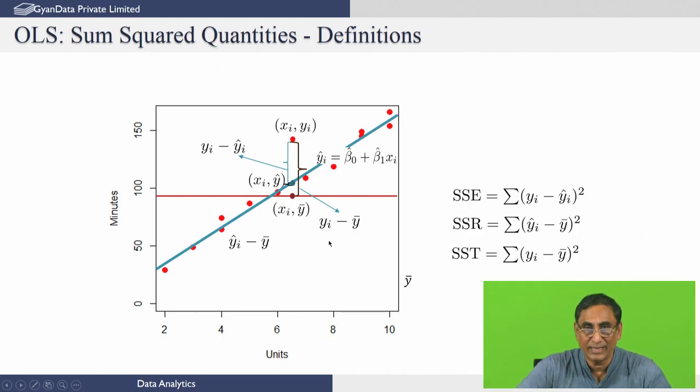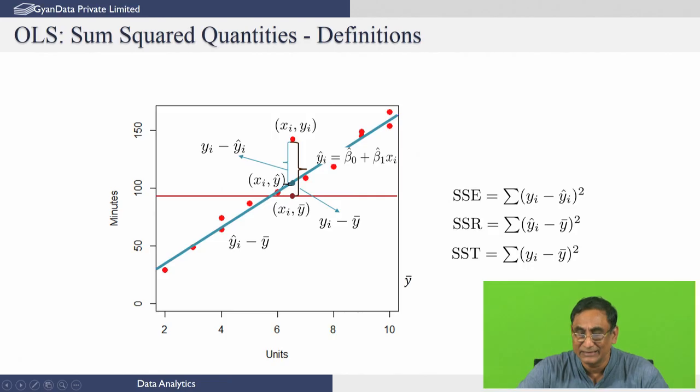Now, let us look at certain sum squared deviations. The deviation between yi and y bar, which is the red line, the best fit of the constant, this distance is yi minus y bar, and the sum square of all these vertical distances from the points to the red horizontal constant line, that is what we call the SS total or sum square total, which is the sum of yi minus y bar the whole square.